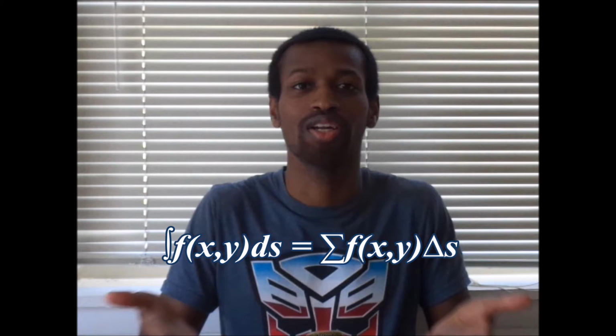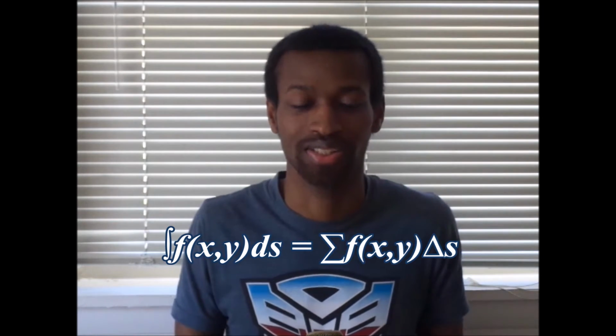Now, if I were to go back to the integral of f of x, y ds, that piece, we say, well, where did that piece come from? That's just a definition. And that definition is this formula here. The integral of f of x, y ds is equal to the sum of f of x, y delta s. Now that's just a Riemann sum of an initial point evaluated at this function to an nth point going to infinity, multiplied by their respective lengths, or delta s, of this curve.